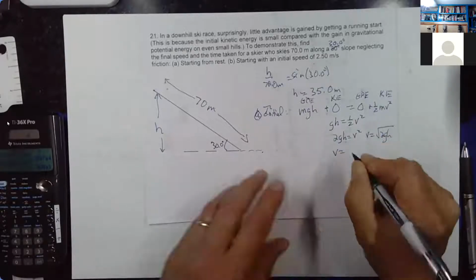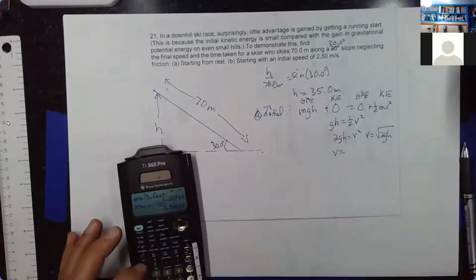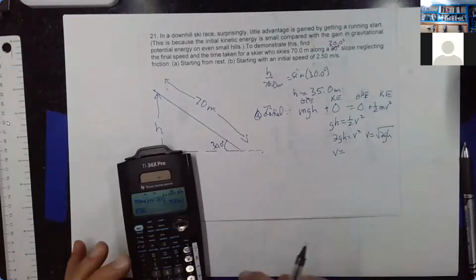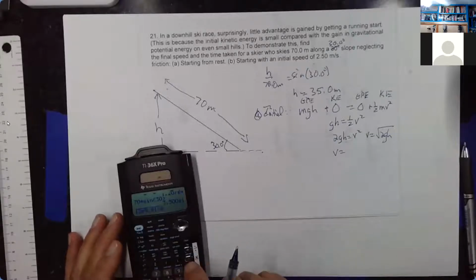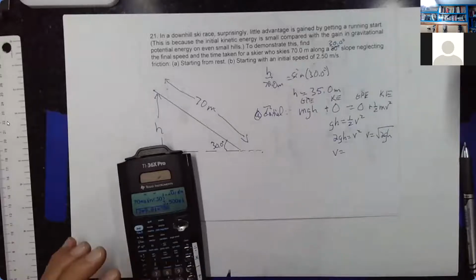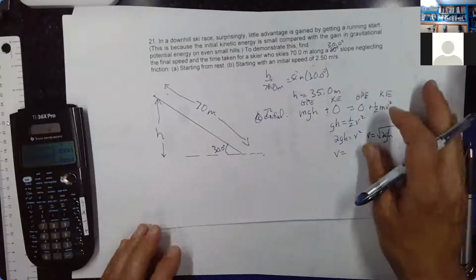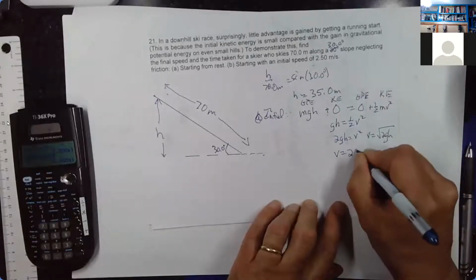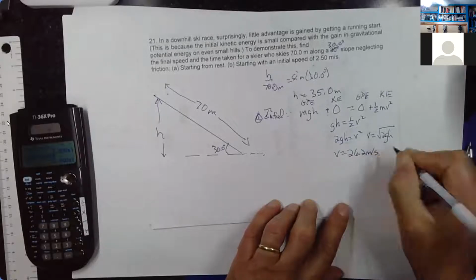So that final speed down there at the bottom is the square root of two times 9.81 times the 35.0 meters. And I get that their final speed is 26.2 meters per second.